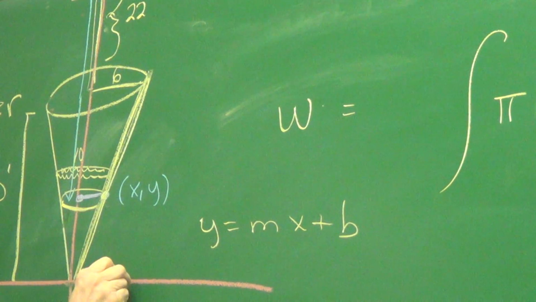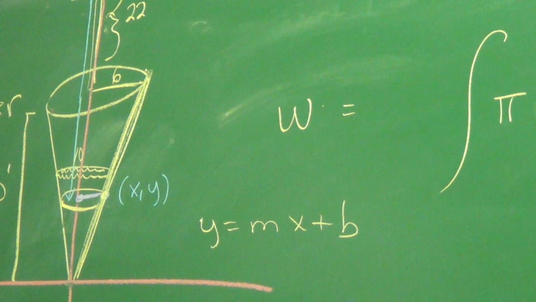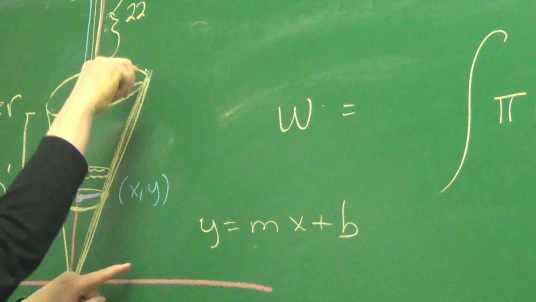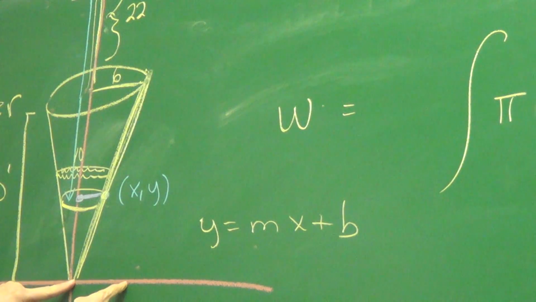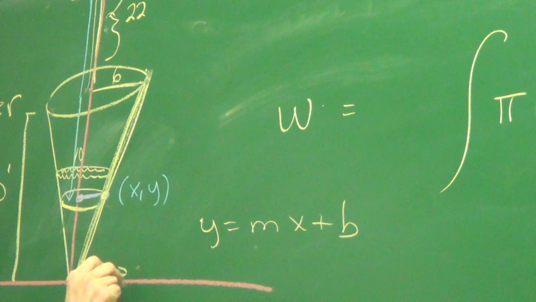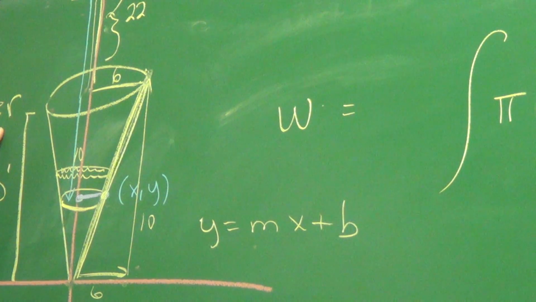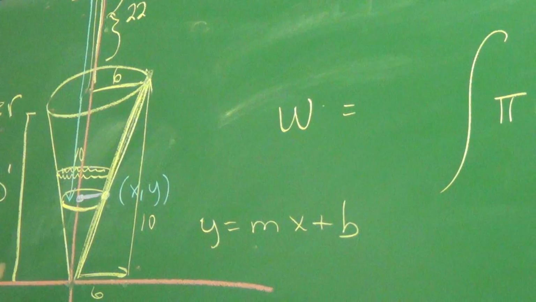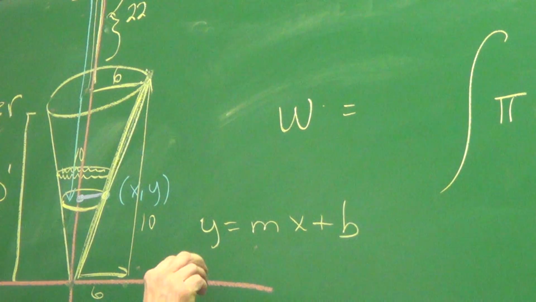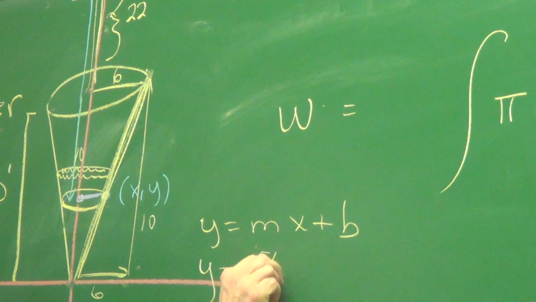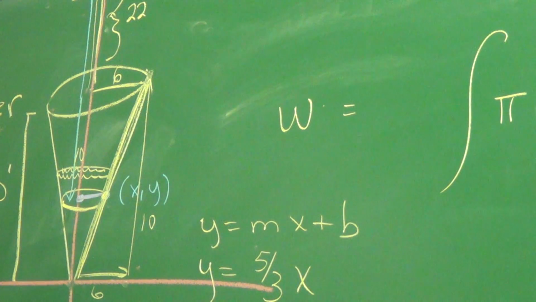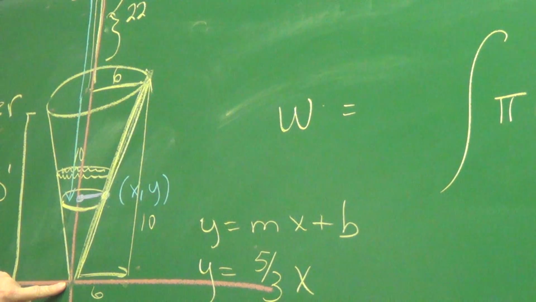If I went over 6 and up 10, what kind of slope are you seeing? Rise over run. The whole cone is 10, and this value is 6, so it'll be 10 over 6. I knew the diameter was 12, so half of it was 6, and I was given the height of the cone. It reduces to 5/3.